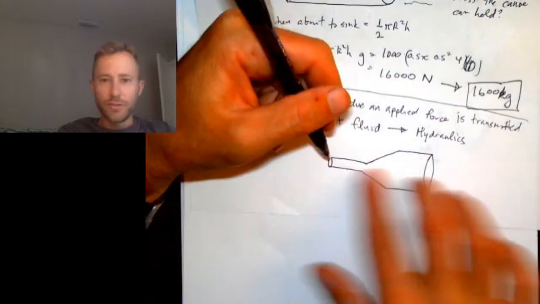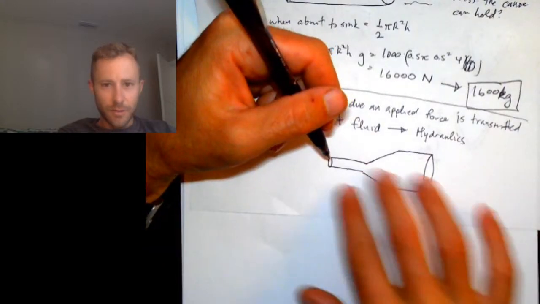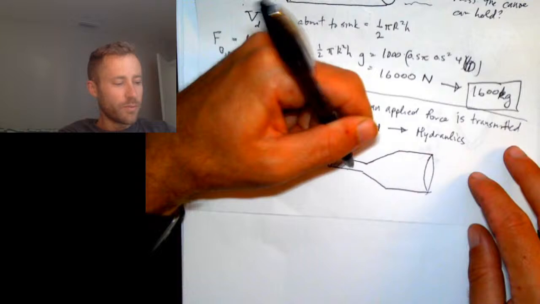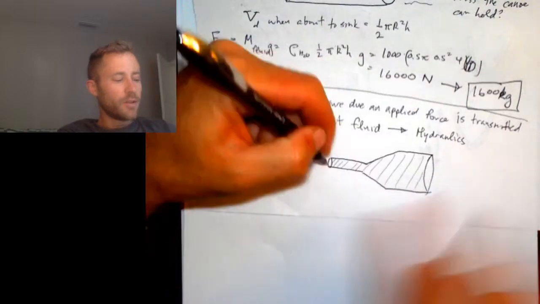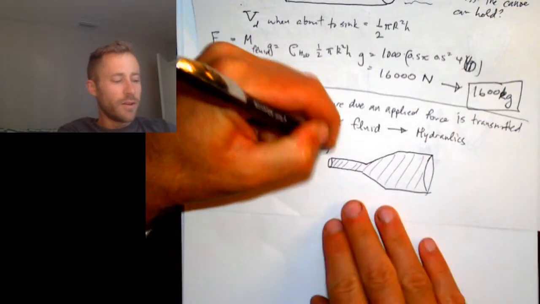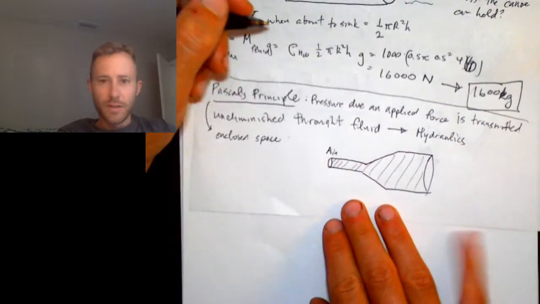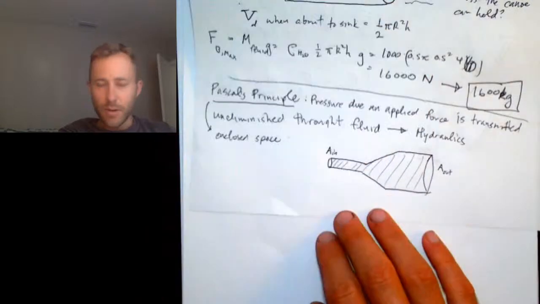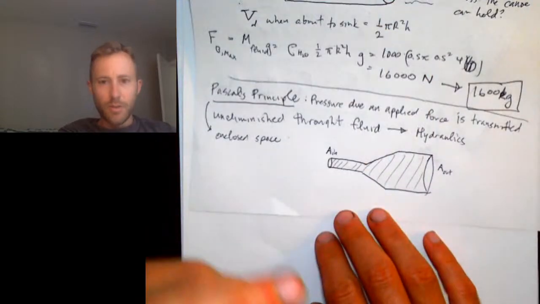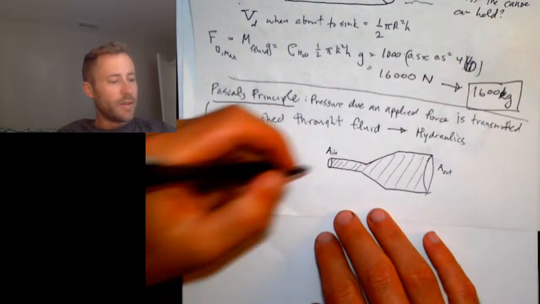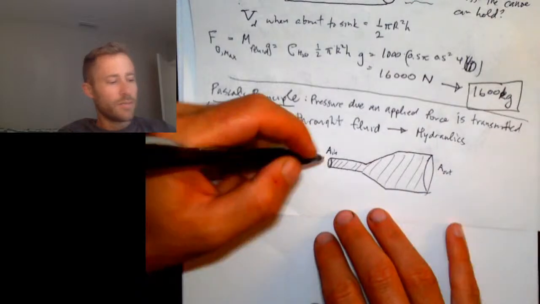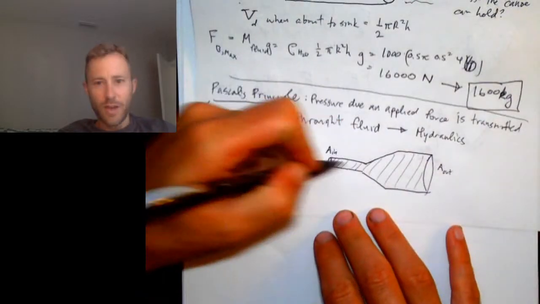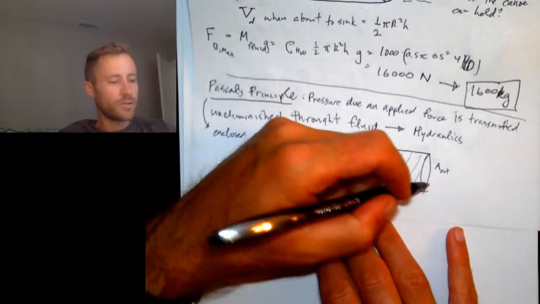And these two cylinders are completely filled with a fluid. Okay? So let's suppose that the area of the input is this, and the area of the output is this. All right? And then this is kind of like a piston. Okay, so this cylinder can slide back and forth.